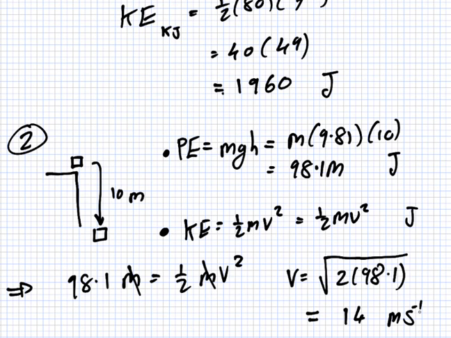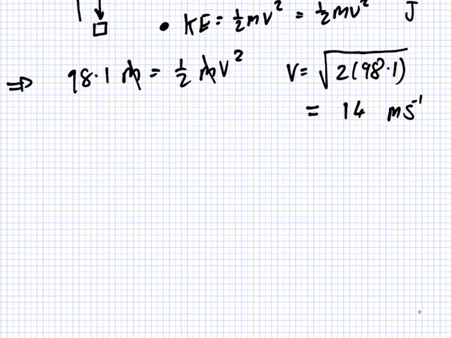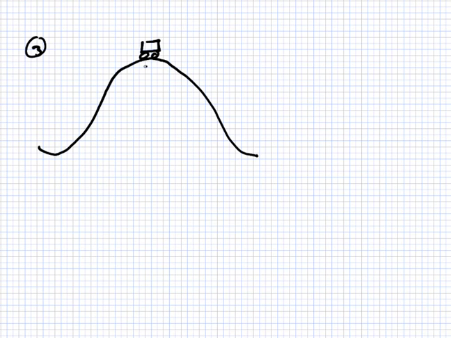Alright. Can I scroll down? Okay, so you have here a roller coaster up the top, and its height is 100 meters. What's the fastest it could go? In other words, how fast is it going down here? Here it has potential energy and here it has kinetic energy.